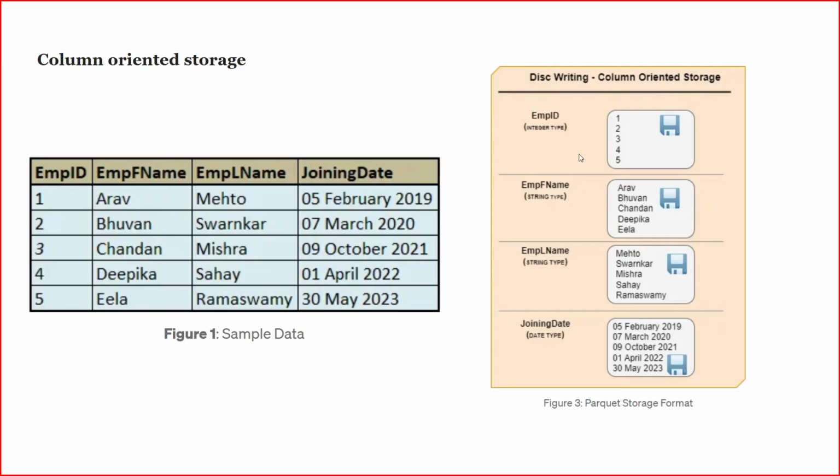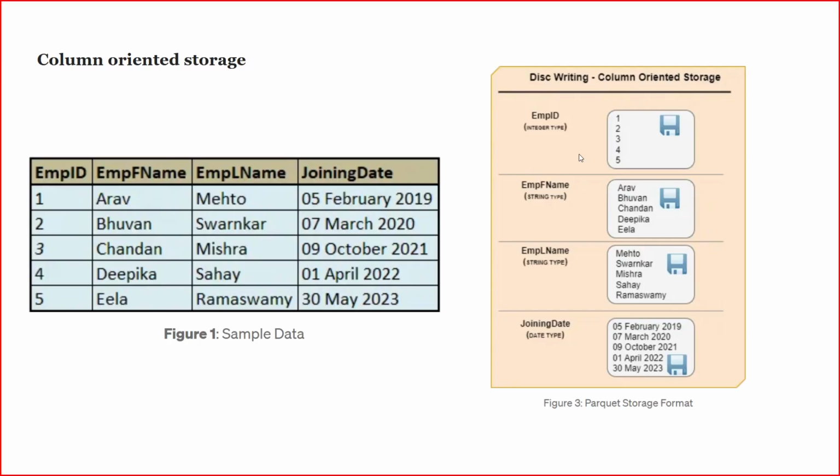Now if I read the first name of an employee, this is going to be fast compared to the previous one, because I need all the first names, and from here I get them all. I don't have to go to other locations to get the data. That's the benefit of column-oriented storage.